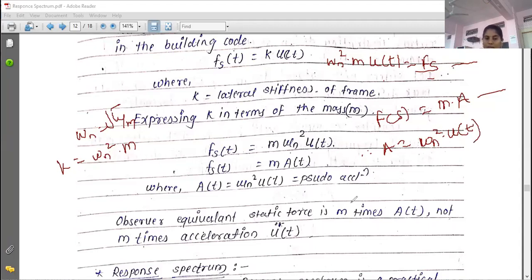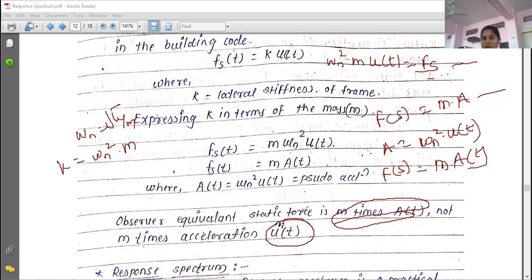So the equivalent static force is m times a of t, that means Fs is equal to m into a of t, not m times the acceleration u double dot of t. Okay, so we got this relation from this derivation.